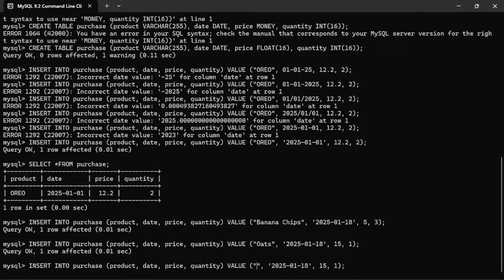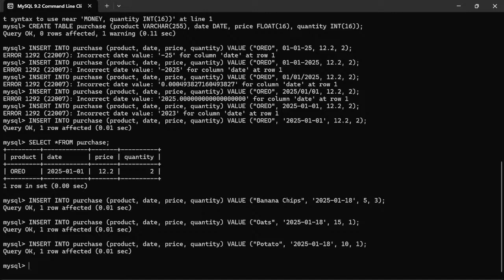And let's say on the same day I have also purchased the potato. Yeah, or 10 quantity is equal to 1 unit. That's fine.